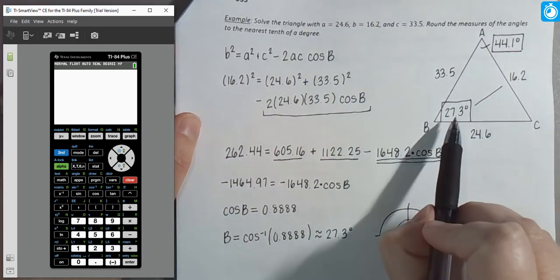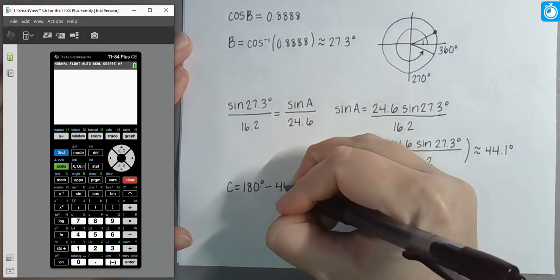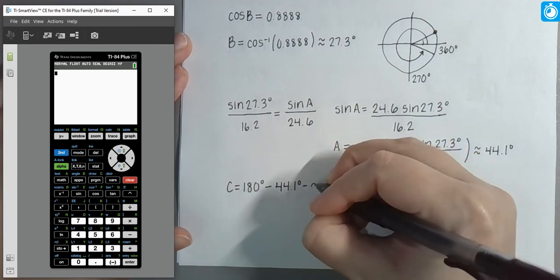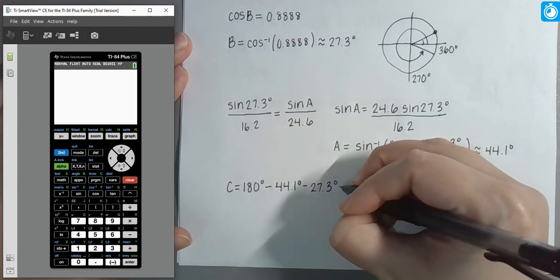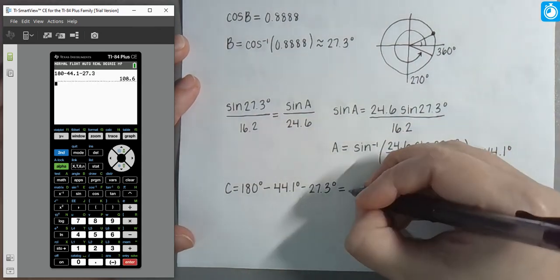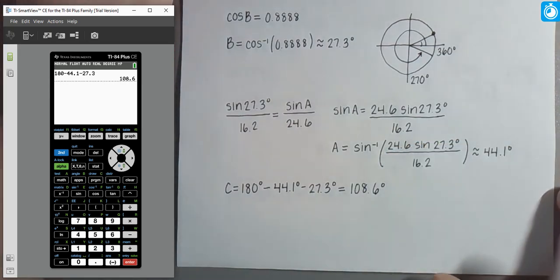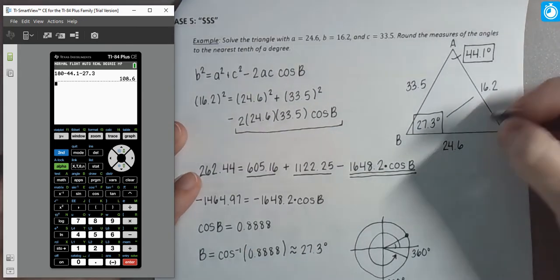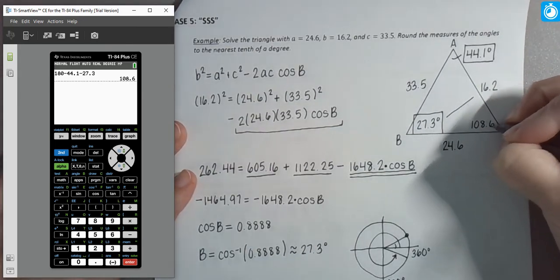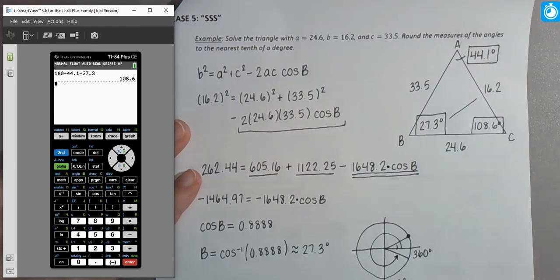So 180 minus 44.1 degrees minus 27.3 degrees, and that's going to give us the obtuse angle 108.6 degrees. So angle C has a measure of 108.6 degrees, and sure enough, largest angle opposite the largest side.